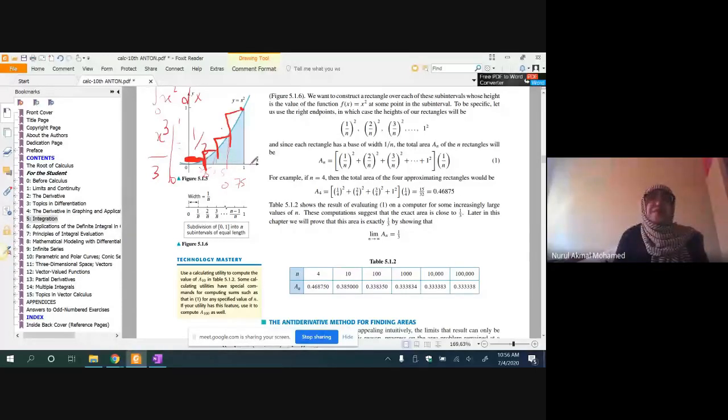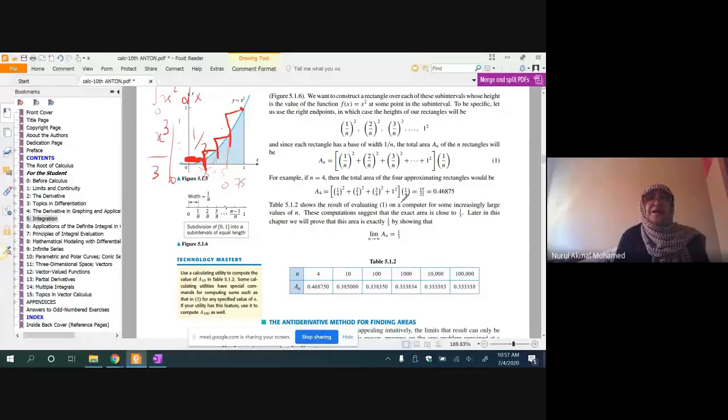So obviously the base for the first rectangle will be 0.25, the second one will be 0.25, the third one 0.25, as well as the fourth one, also 0.25. So that's why you have 1/4 here. 1/4 is defined for the length of the base, which is 0.25, obviously equal to 1/4.